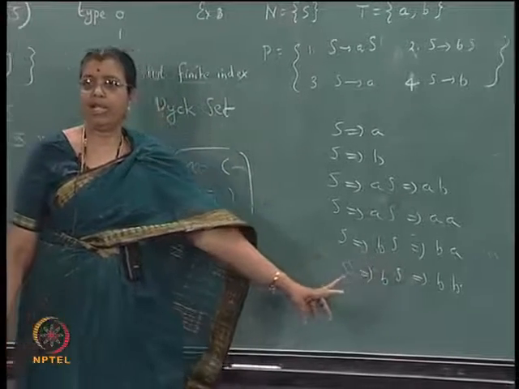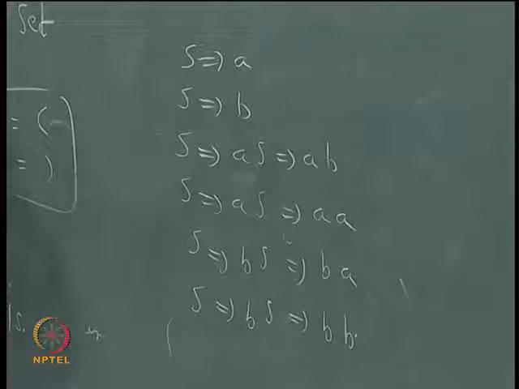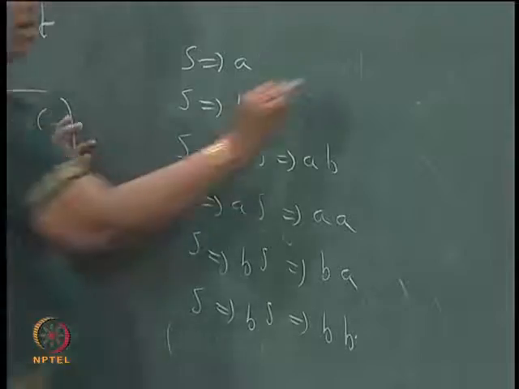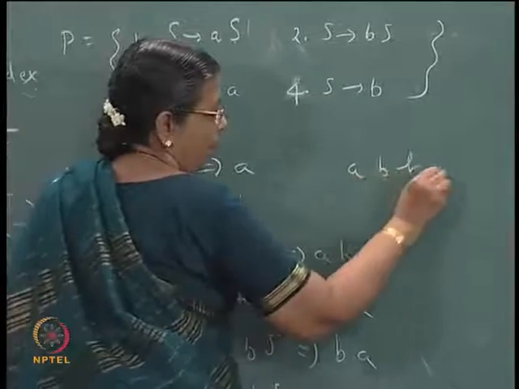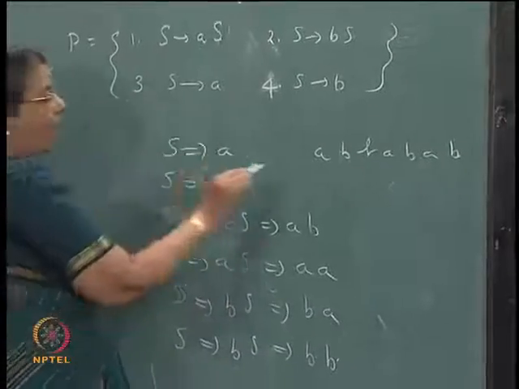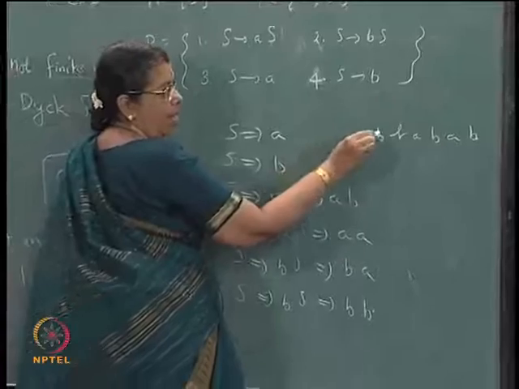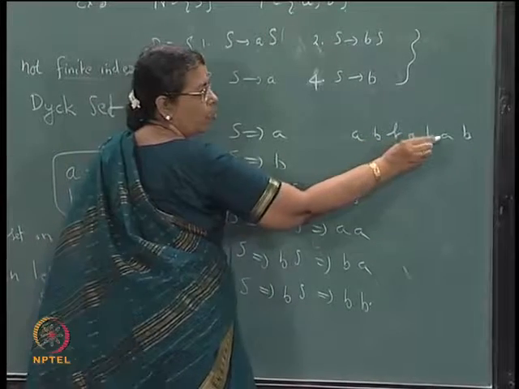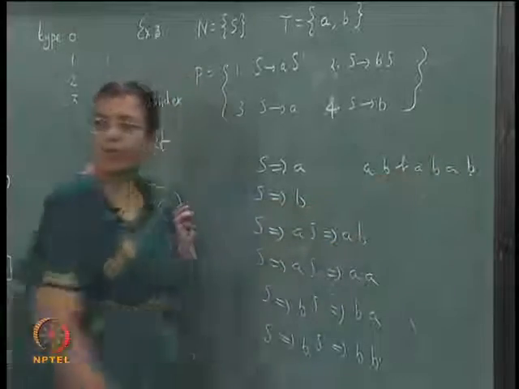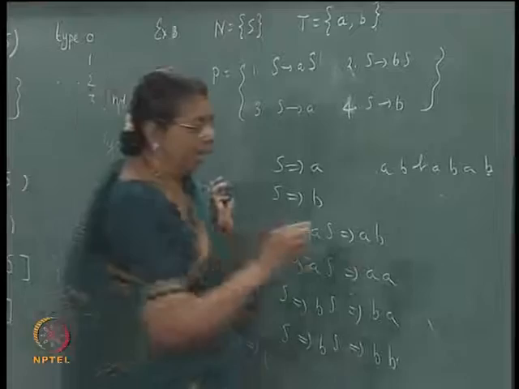In fact, you can see that any string of A's and B's can be generated by this grammar, any sequence. Suppose I have something like A, B, B, A, B, A, B. Whenever I want to generate A, I use rule 1. Then rule 2, rule 2, rule 1, rule 2, rule 1. Then ending up I have to use rule 4 for B, rule 3 for A. The derivation tree will be like this.